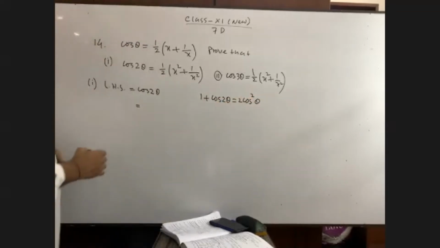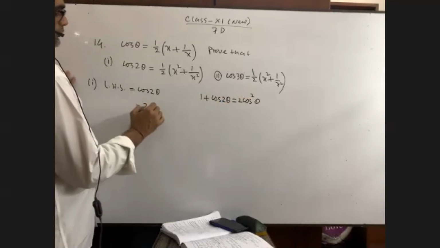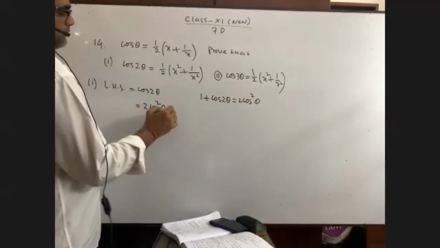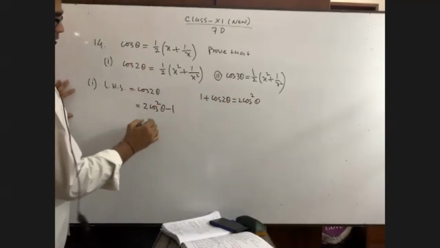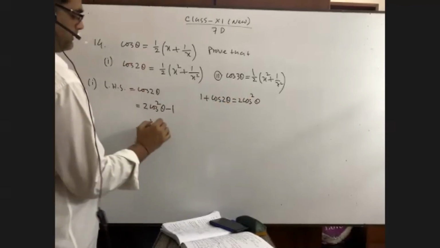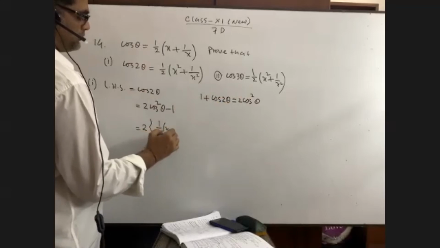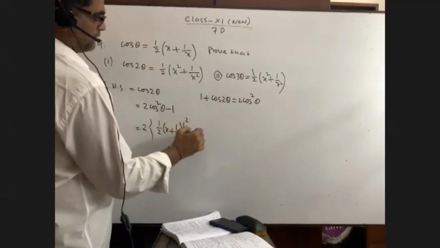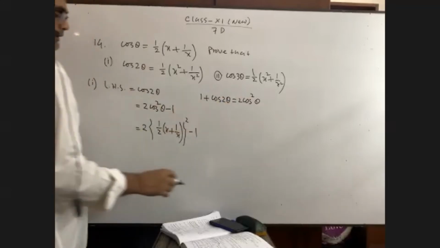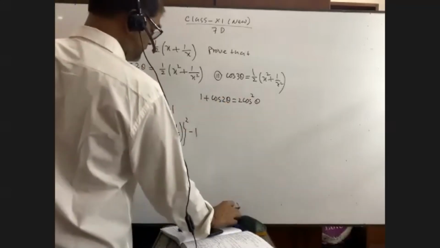From here, cos 2 theta can be written 2 cos square theta minus 1. Now you put this value of 2 cos square theta. That means half x plus 1 by x whole square minus 1. Now you calculate. It is your turn to calculate.